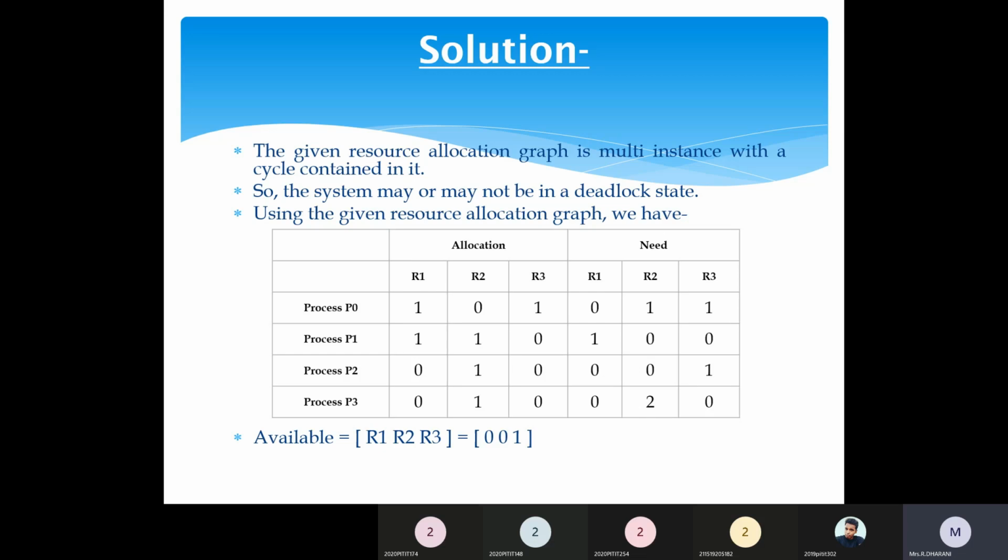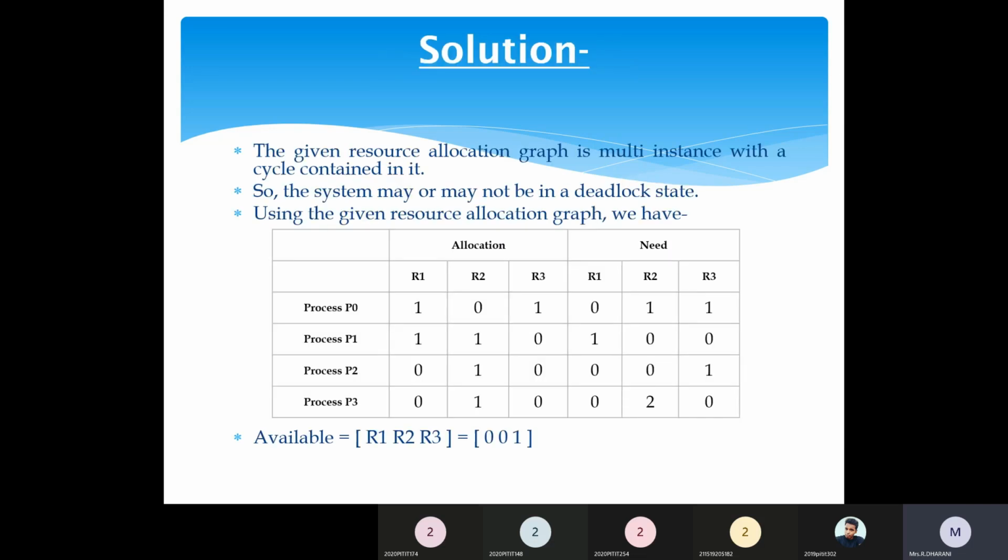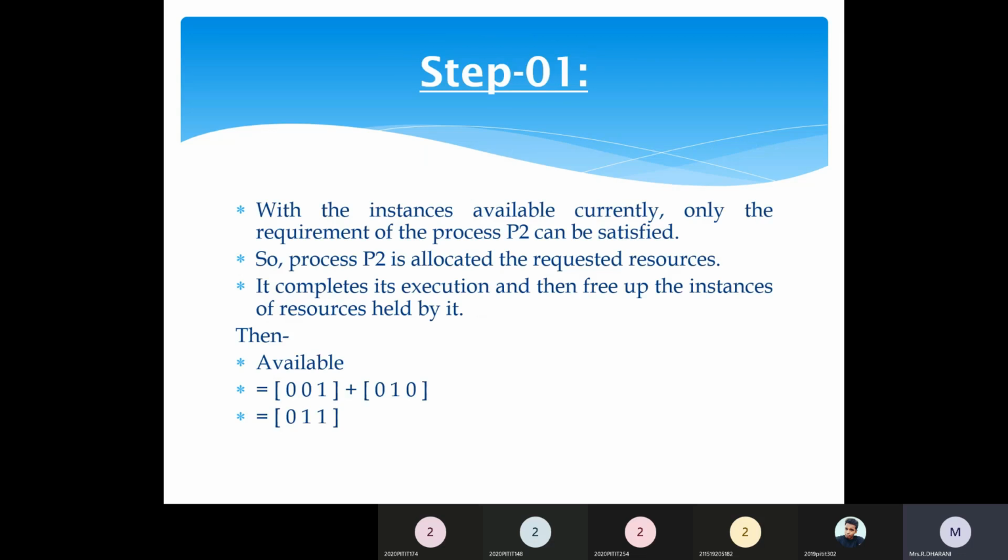See how I can find this availability. Let us go back to this resource allocation graph. For R1, we have two instances, given to P1 and P0, so no instance is free. That is why 0 is given here. Similarly for R2, is there any instance free in the resource allocation graph?